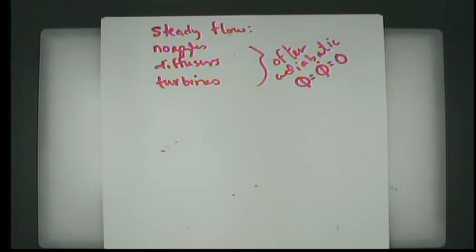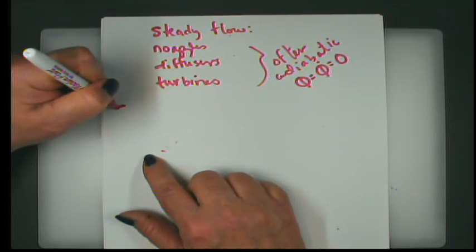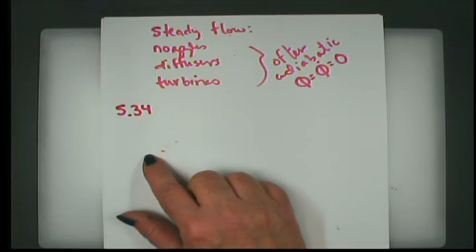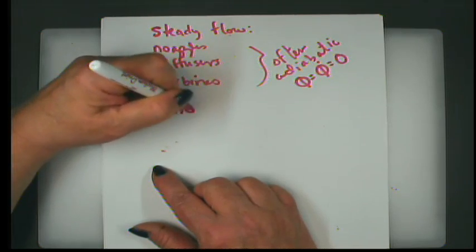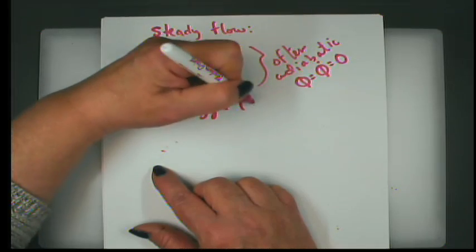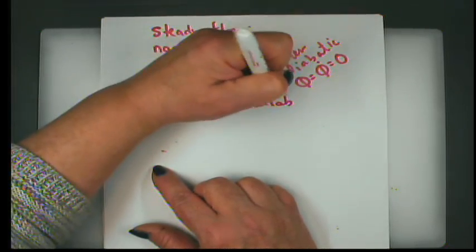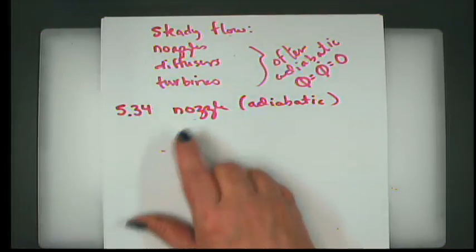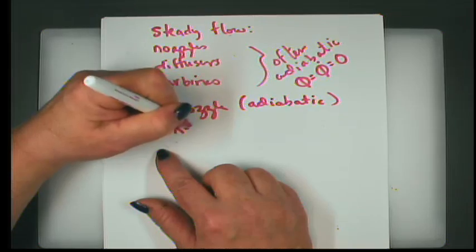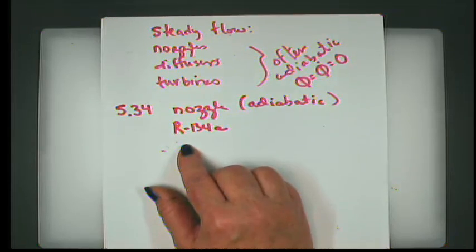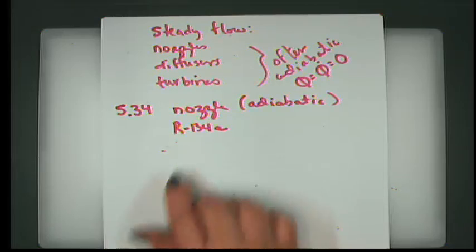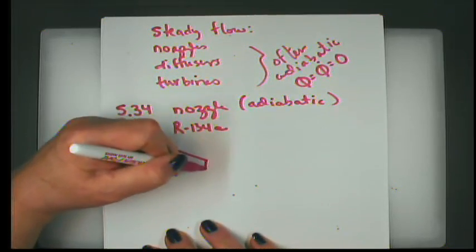Let's take a look at 5-34. 5-34 is we have a nozzle, and here we are told it's adiabatic. We're told that the working fluid is R134a. And what happens in this nozzle, we come into the nozzle at 700 kPa and 120 degrees centigrade.